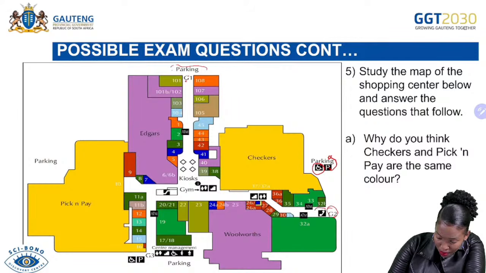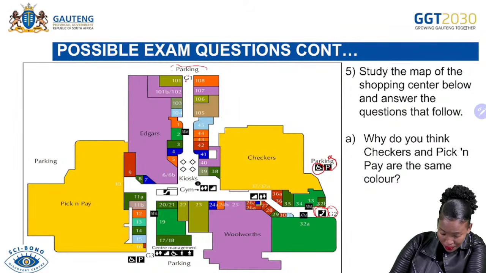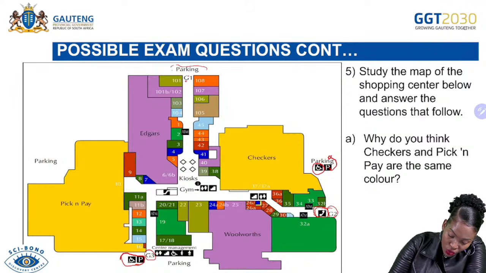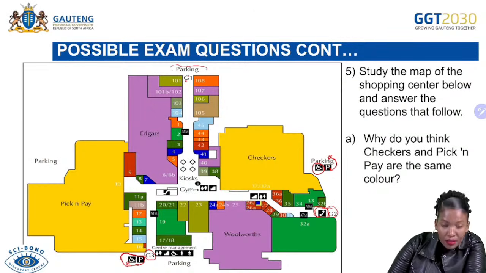And then there's this symbol of a phone here. This means that this is a public phone. Here, we've got parking again in G3. G3 is an entrance. We've got parking, and there is also a wheelchair symbol, meaning that this is disabled people parking. And then here is parking.